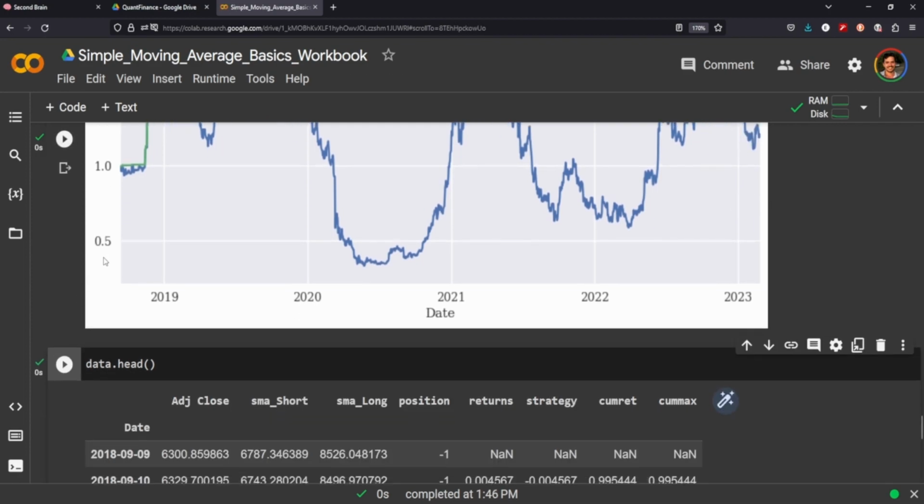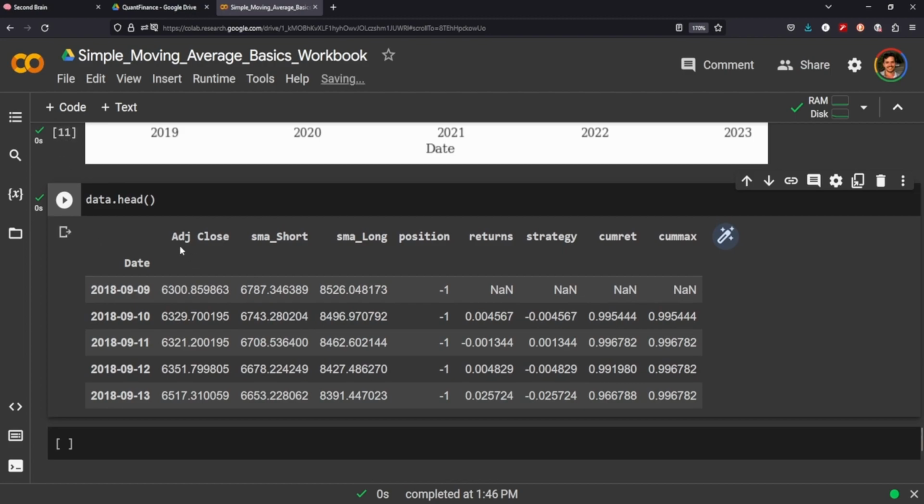Now we've added quite a few different columns. We started out with the adjusted close, and then we added the simple moving average short and simple moving average long. We added the position, and then you can see our returns, strategy, cumulative return, and cumulative max here as well.